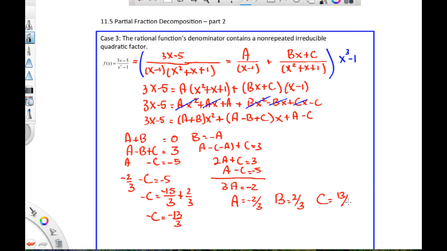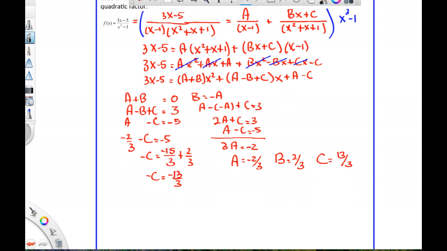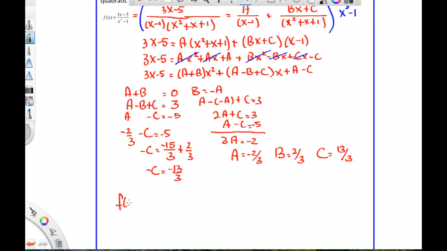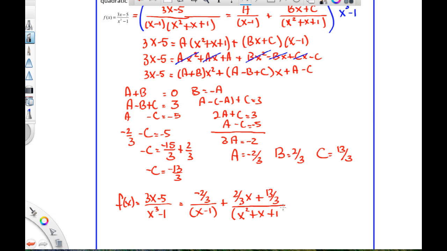And then finally, you can rewrite that function. So f of x, which is 3x minus 5 divided by x cubed minus 1, can be broken down into a over x minus 1, so negative 2/3 divided by x minus 1, plus b, which is 2/3 times x, plus c, which is 13 over 3, and that does not have an x, divided by x squared plus x plus 1.